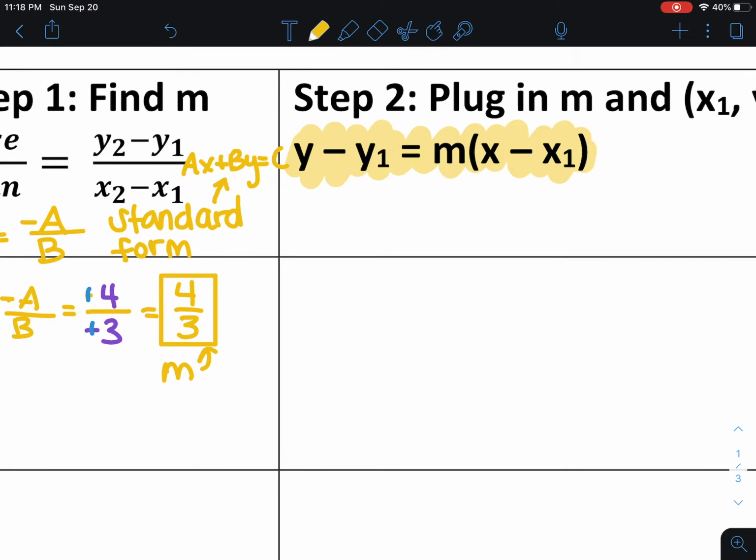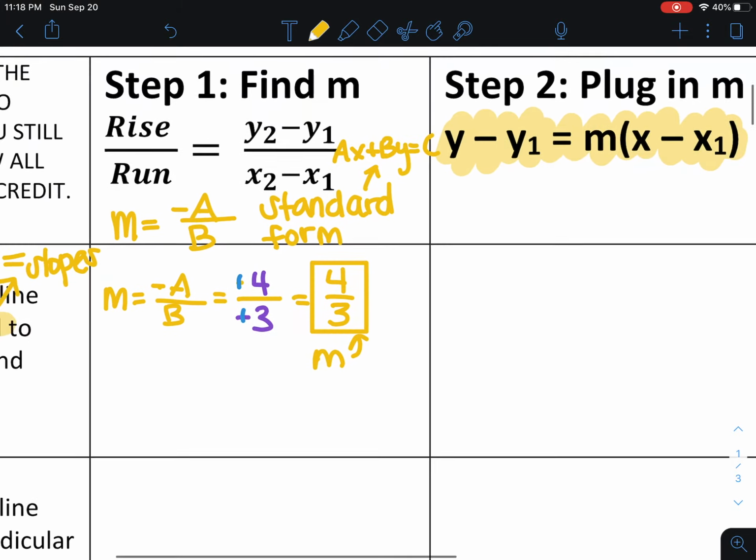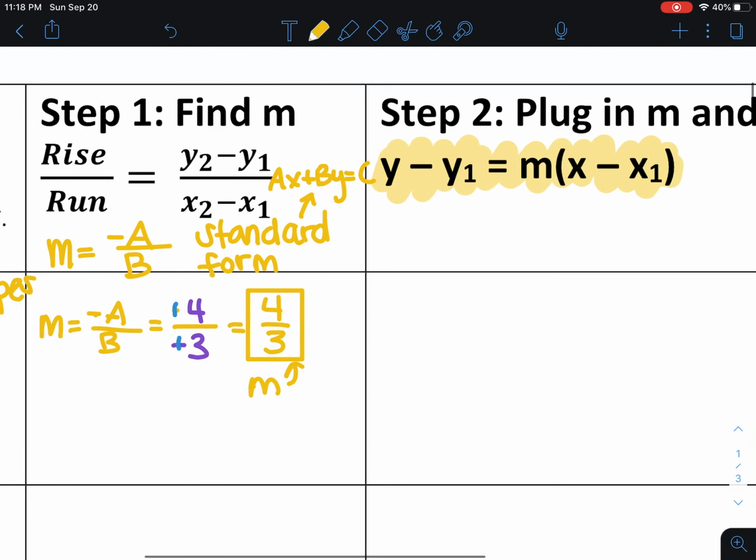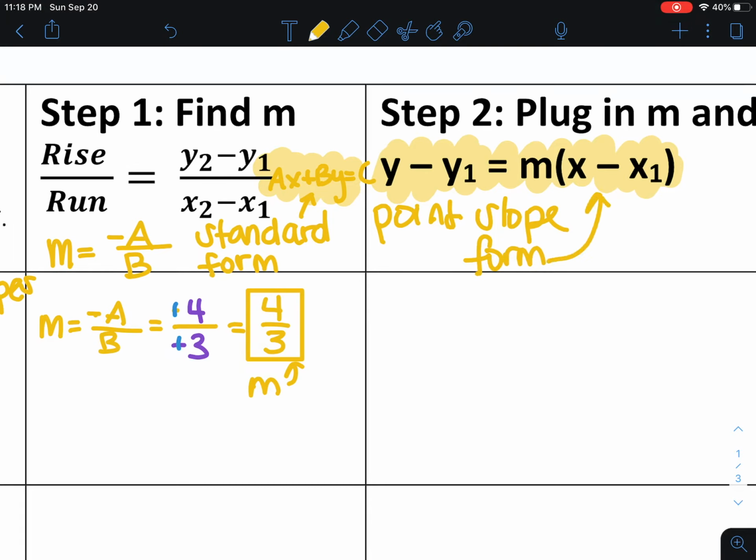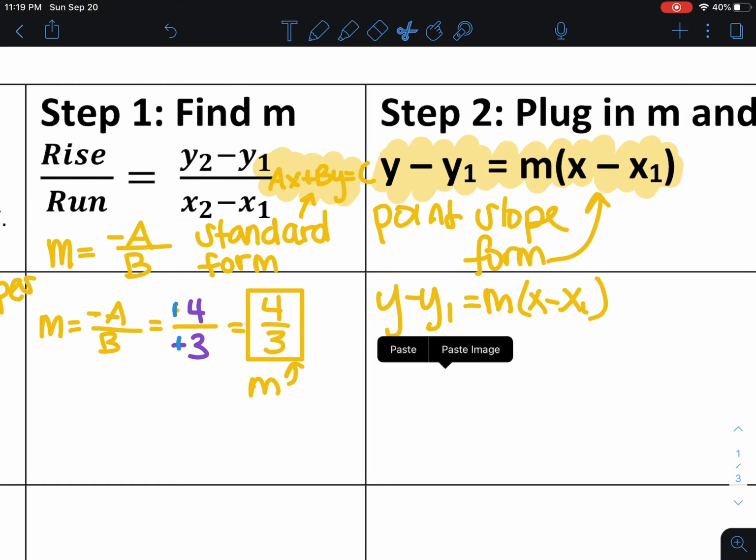So we just talked about standard form, right? So standard form, right here. Okay, and now we're talking about point slope form, which is right here. All right, so I'm going to rewrite point slope form: y minus y1 equals m times x minus x1. And I'm going to write it again so that I can erase and replace.